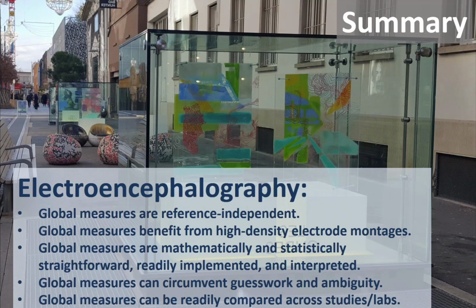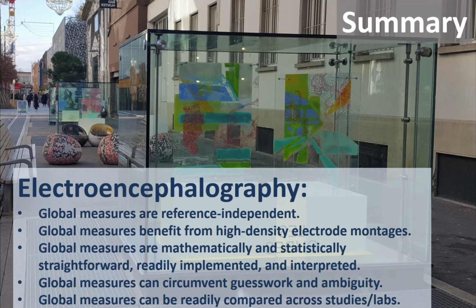So what you should hopefully take home is that global measures are reference independent. They benefit from high density EEG montages. These measures are mathematically and statistically straightforward. They're readily implemented and readily interpreted. You can circumvent a lot of the guesswork and ambiguity that a newcomer to EEG might confront.